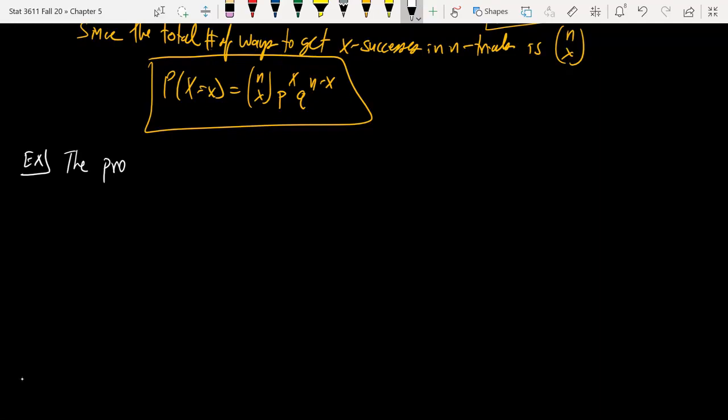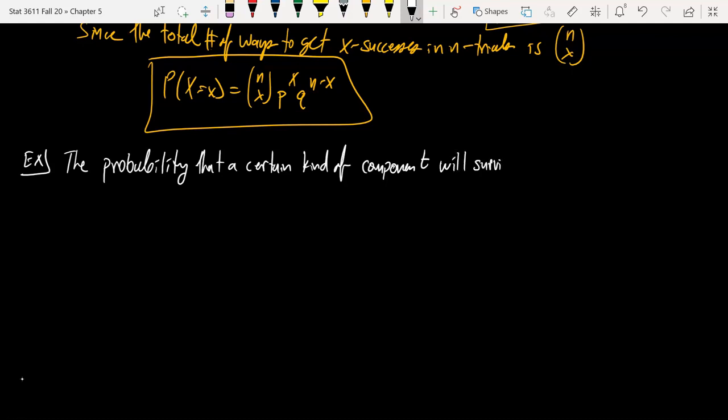Let's see. The probability that a certain kind of component will survive a shock test is known to be 3/4.